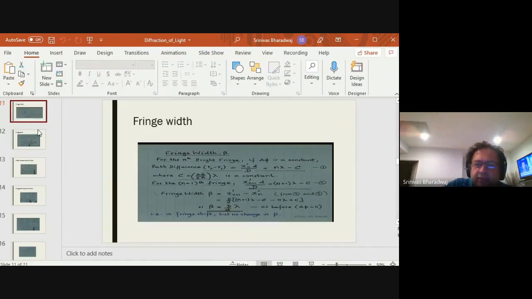So the fringe width is D by d times lambda. And where do you get the n? If the path difference is n lambdas, then you get a bright fringe, and the next one will be at n plus half lambda. You'll get the next dark one. So remember those light and dark ones.